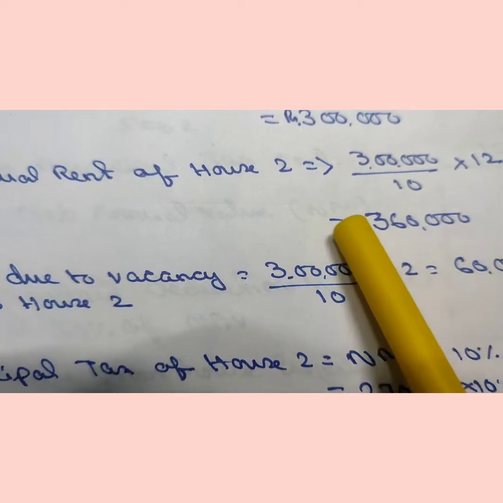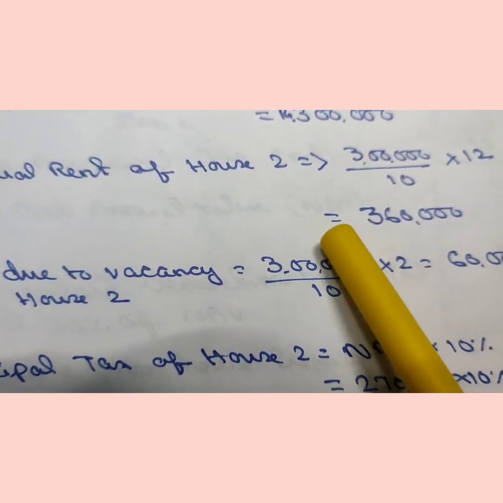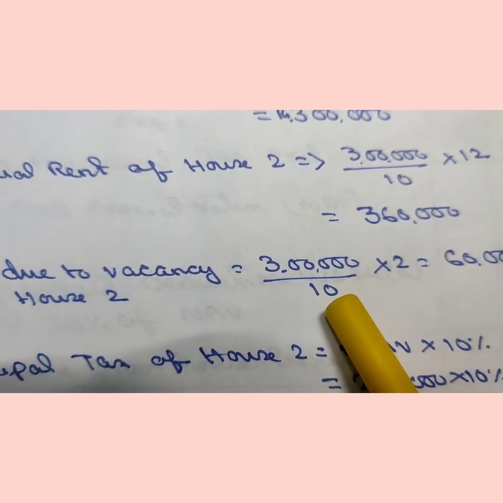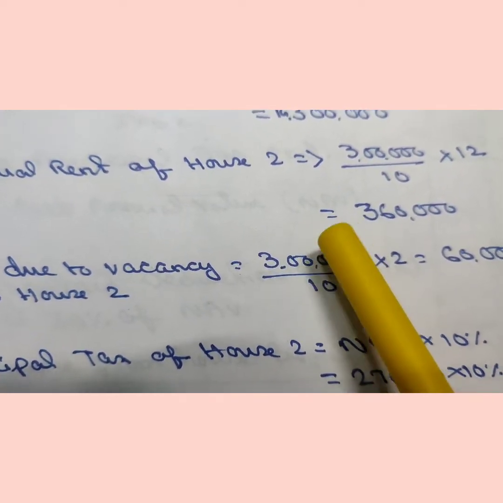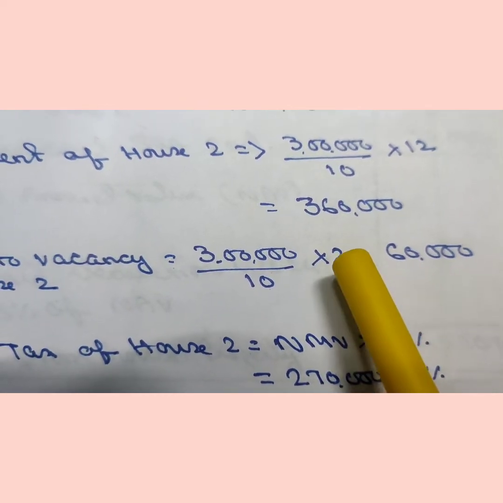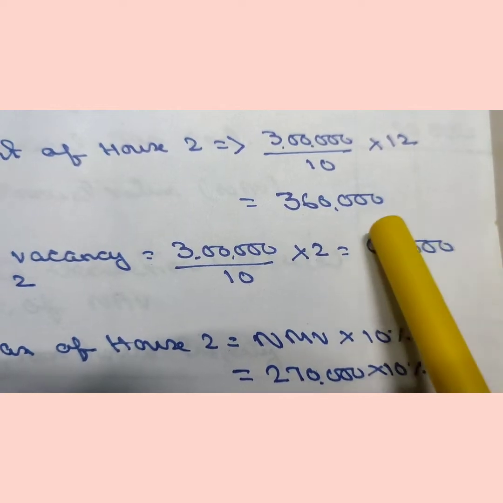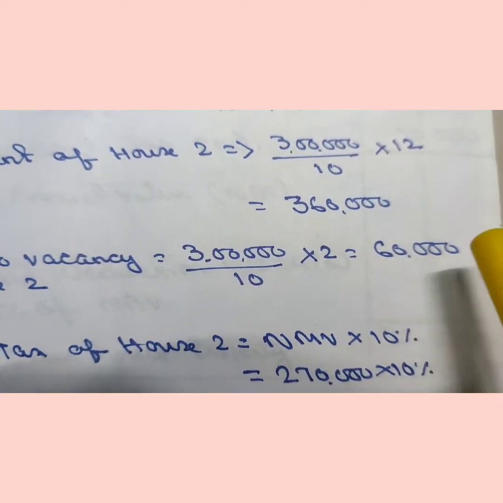Rent received is rupees 3 lakhs. By dividing it by 10, we will get 1 month's rent. It will come 30,000. And there is a vacancy period of 2 months. Multiplying by 2, it comes rupees 60,000. This is the loss due to vacancy.